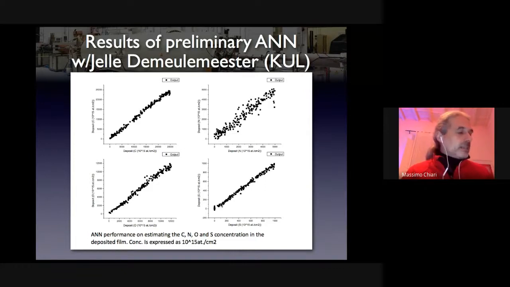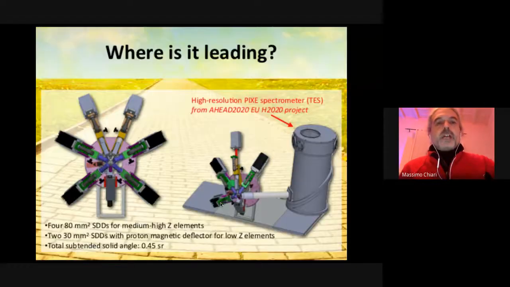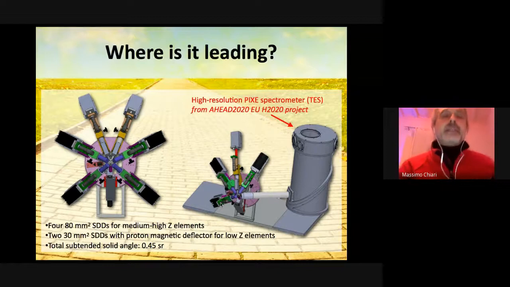So this is a field that is not closed. There is still work to be done, and I think that with SimArray, with respect to using NDF, better results could be obtained. So our experience is now leading to a further upgrade of the setup by increasing the number of SDDs. We are doubling the number of detectors in order to have a more efficient SDD array.